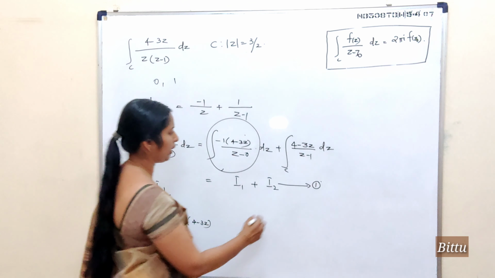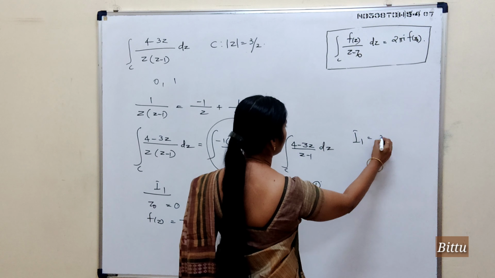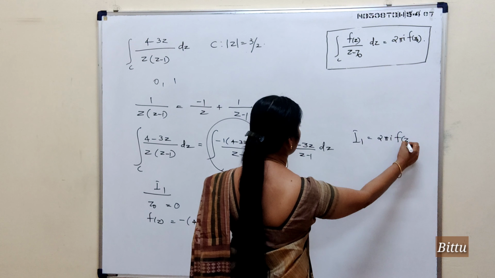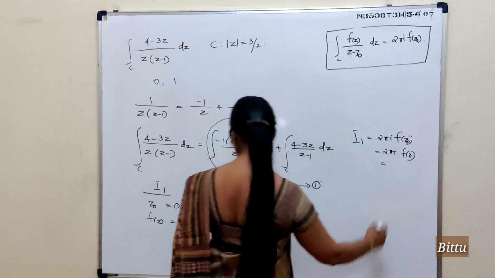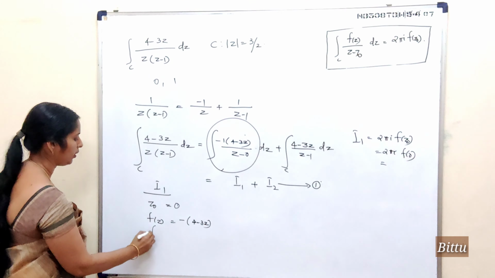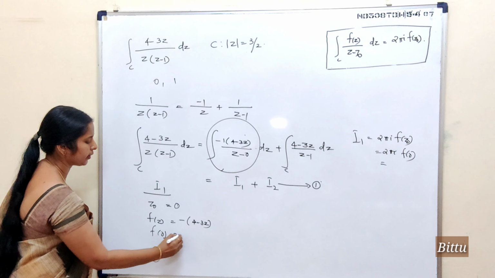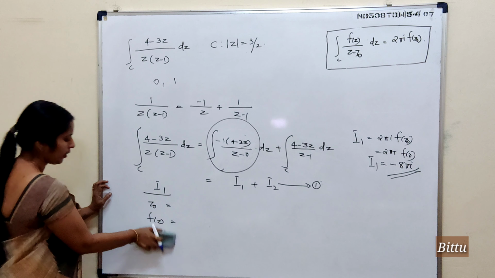Then I1 is given by, what is I1? 2 pi i into f of z0. That is 2 pi i into f of 0. What is f of 0? f(0) is minus 4. So minus 8 pi i. So this is our I1. Next we have to find I2.